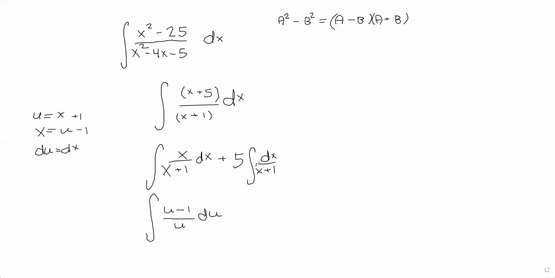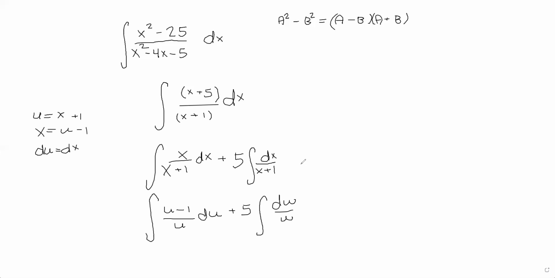If w is equal to x plus 1, then if we take the derivative, we just get dw. So that means it's going to be plus 5 times the integral of dw over w. And we don't have to do any modifications because the derivative of x plus 1 is just 1. It works out really nicely.